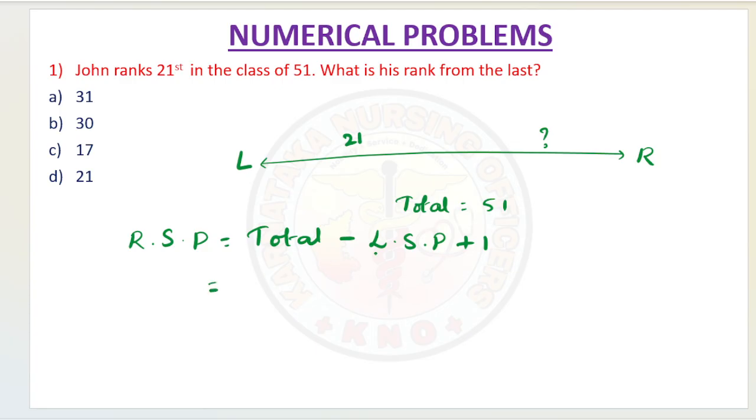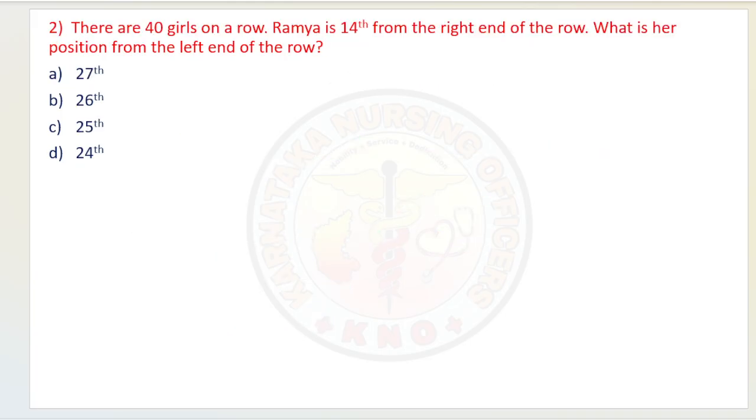So total is how much? 51 minus left side position 21 plus 1. So 51 plus 1 is 52, minus 21. So 52 minus 21 is 31. So John's right side position is 31. So answer A, 31, is the correct answer. So next question.